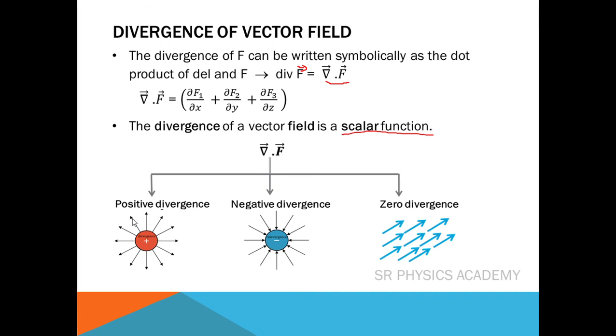Divergence means, if you take the flux density, the amount of flux entering or leaving a point. That means the rate of flux expanding is the positive divergence, and here the flux contraction.